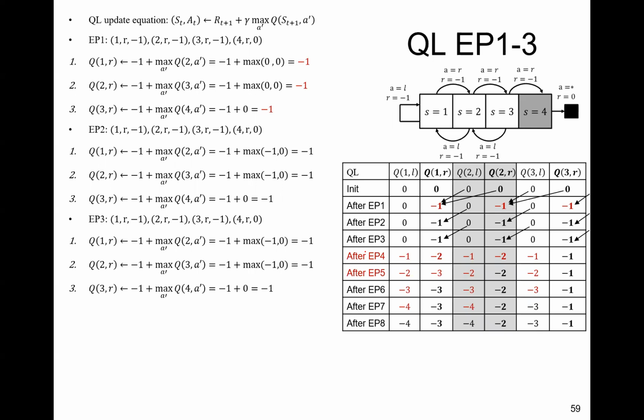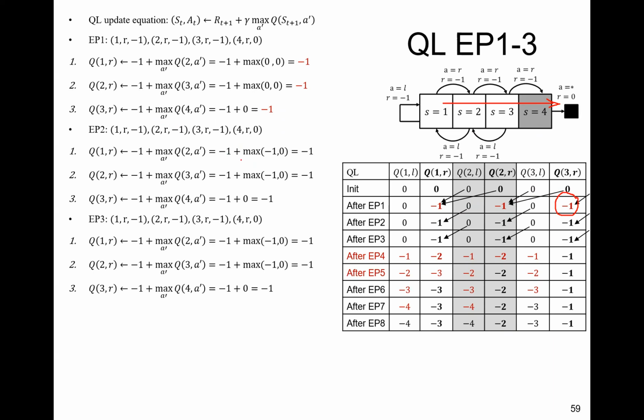So for Q-learning, the first sequence of updates for the straight line episode is this. Q3 right has a -1, but the -1 does not propagate to the left because you take the max value.